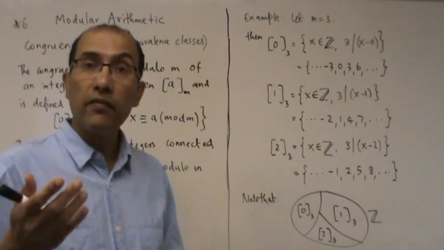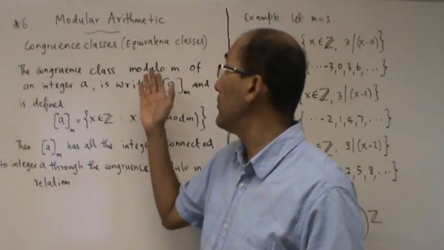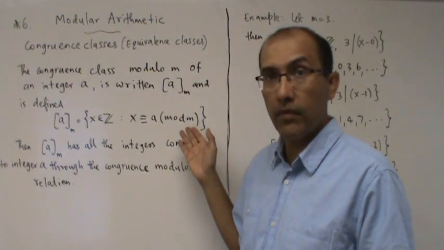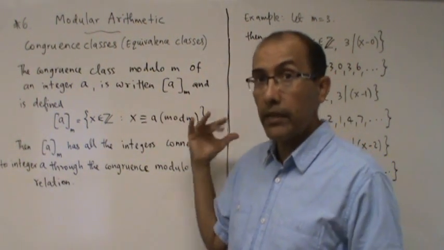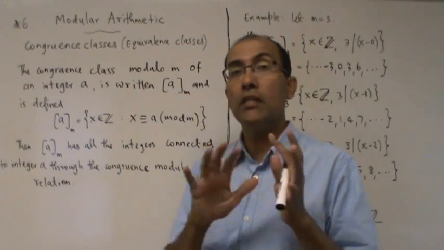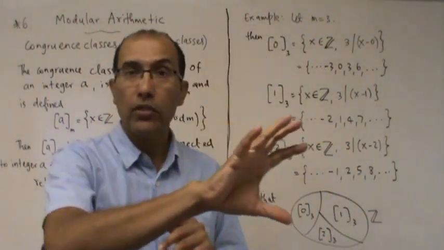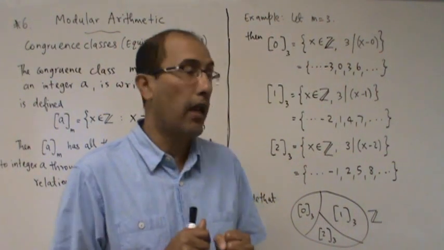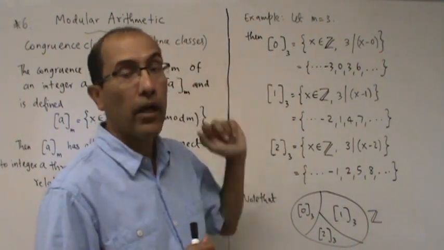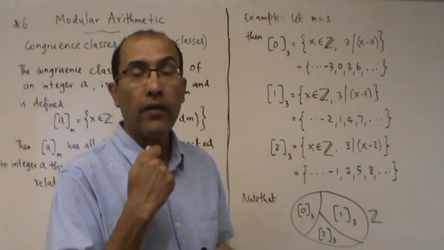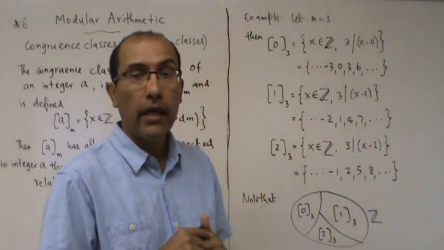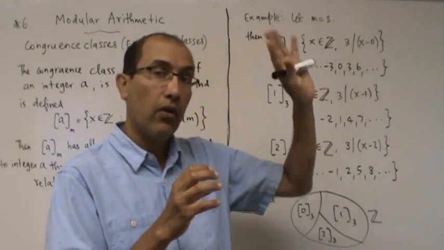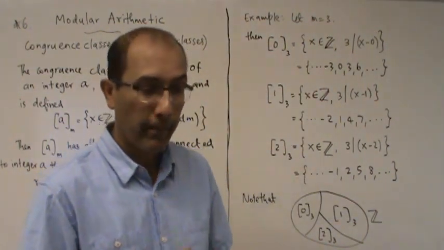Now, if you try a different modulo, say modulo 4 or 5 or some other positive number, then a similar thing is going to happen. Your integers will get partitioned into these equivalence classes or congruence classes. So for each integer we can find its congruence class, and these congruence classes partition your integer collection.